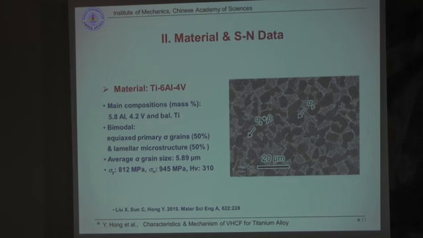Okay, then I will mention the material and the SN data of this titanium alloy TC4 we used. It's a kind of bimodal microstructure with primary alpha grain and also the laminar structure, 50 and 50.